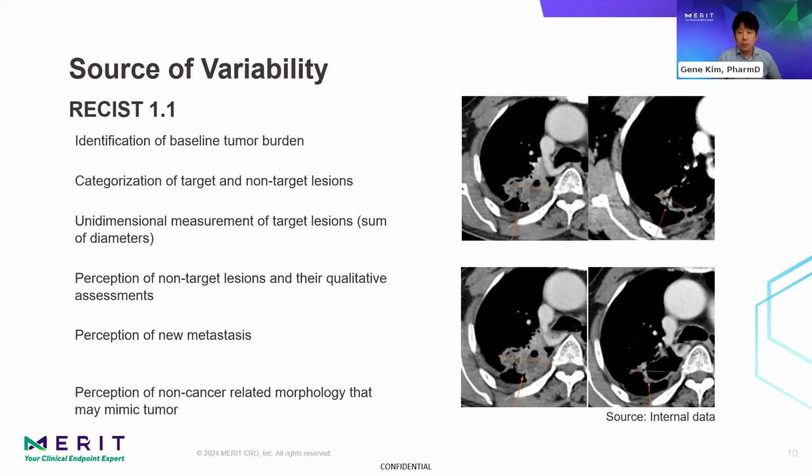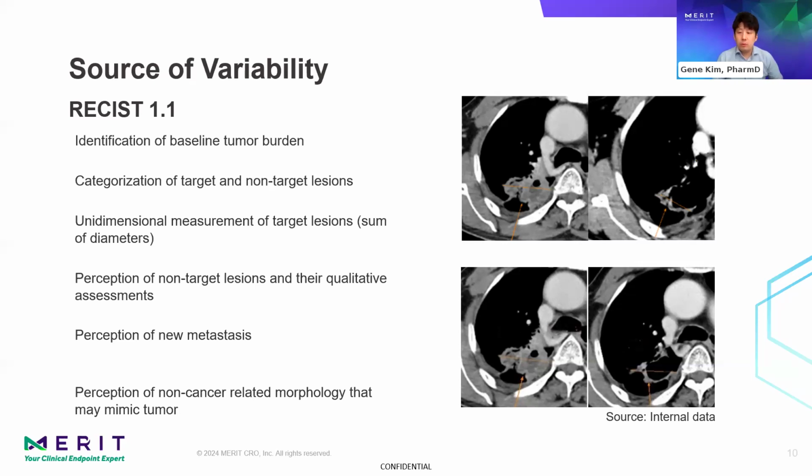There are several factors I just wanted to touch base on. At baseline, there may be lesions or tumors that seem equivocal or potentially benign. These lesions may or may not be included in the longitudinal follow-up, and those things can cause differences across different readers.